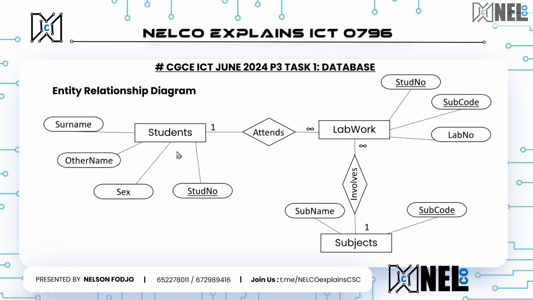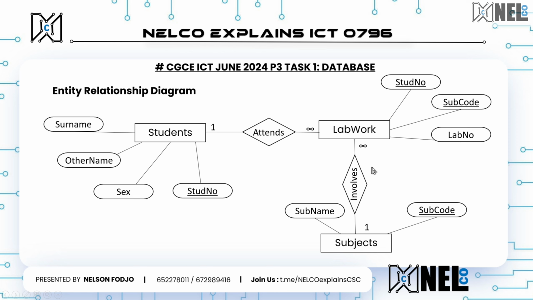Entity name. Now all the attributes are put in ovals. You can see the oval. The attribute names are put just like this, and you underline the primary key. Lab work has the attributes where student number, subject code are both underlined, meaning composite primary key. For subjects, subject name and subject code, the underlined one is the primary key.